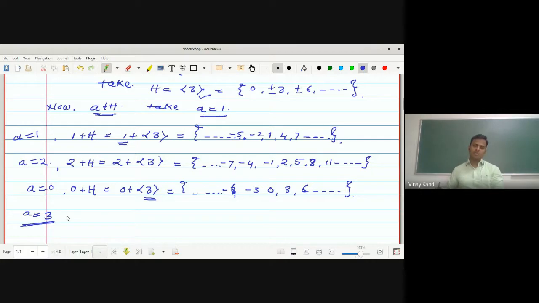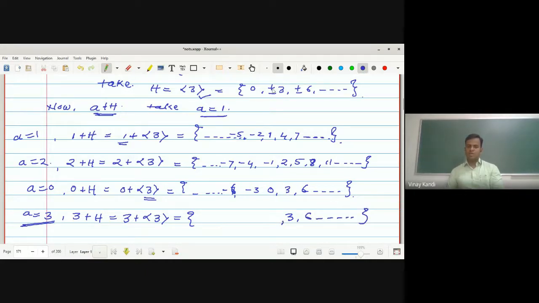Take a = 3. So what do we get? 3 + H = 3 + the subgroup generated by 3. Now 0 + 3 = 3, 3 + 3 = 6, and so on: 6, 9.